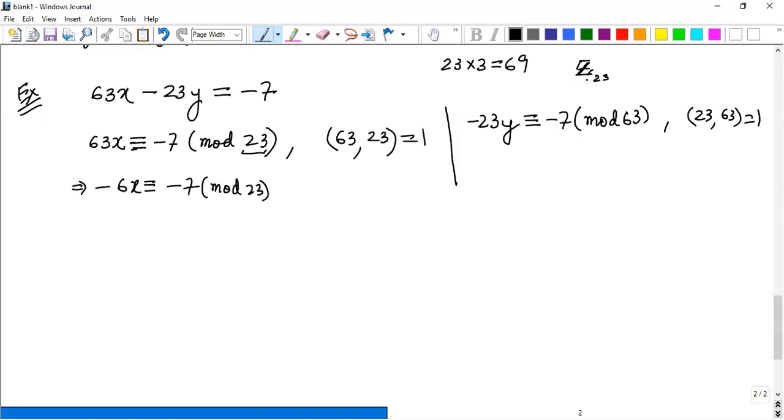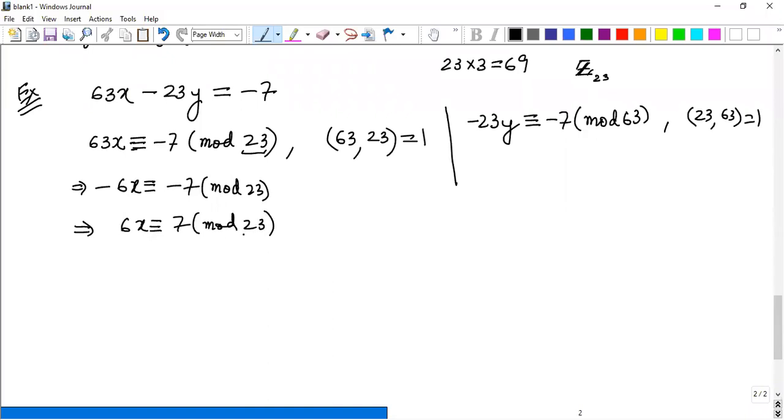So in Z23, this 63 is -6. So we can write -6 here. We can divide the congruence by the negative sign. So 6x congruent to 7 modulo 23.